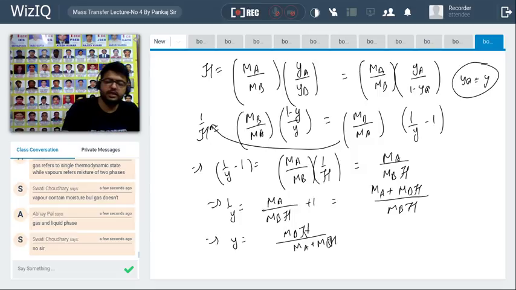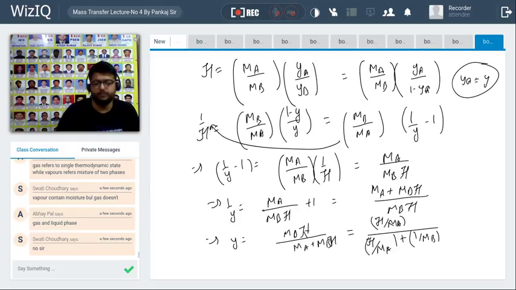So divide both the numerator and denominator by MA MB. It becomes what? H over MA upon H over MA plus 1 upon MB. Got it?